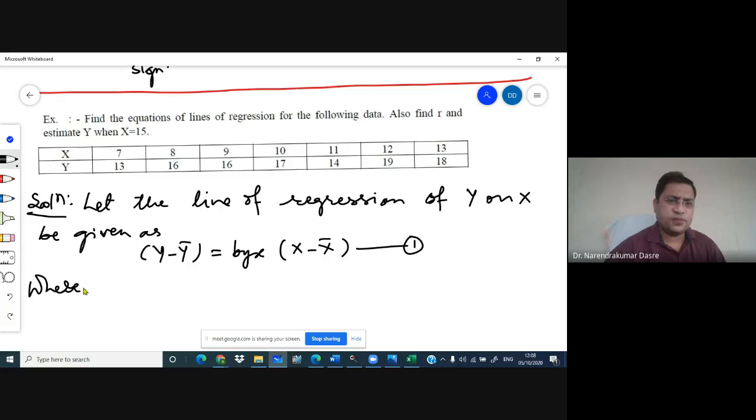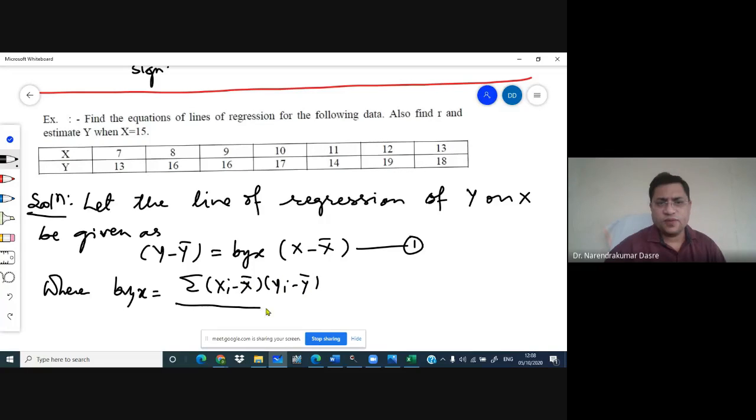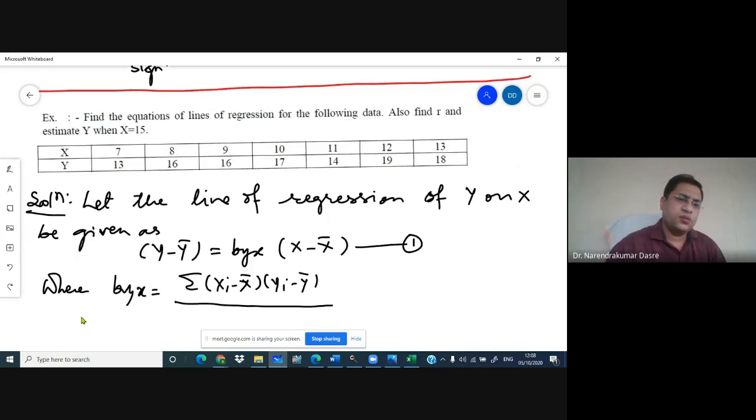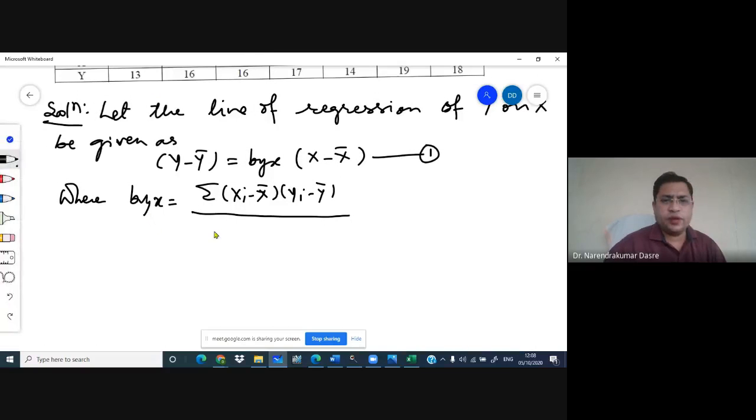Where Byx is equal to summation of Xi minus X bar times Yi minus Y bar, on summation of Xi minus X bar whole square, since we are finding Byx. This is equation 2.